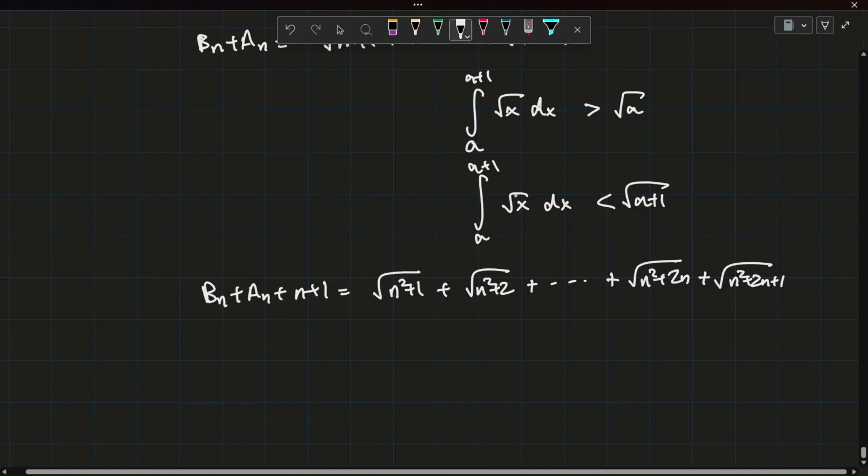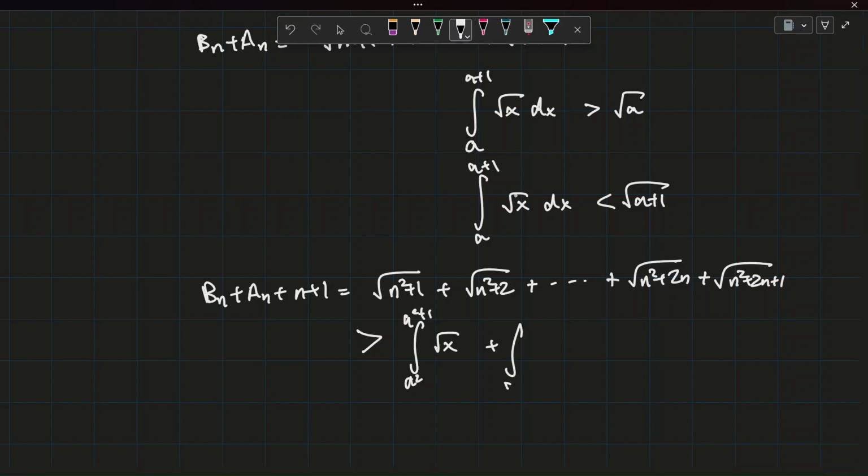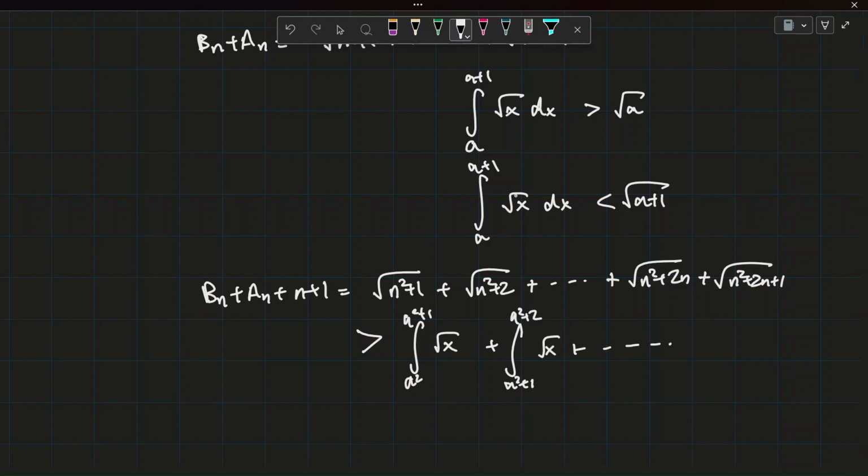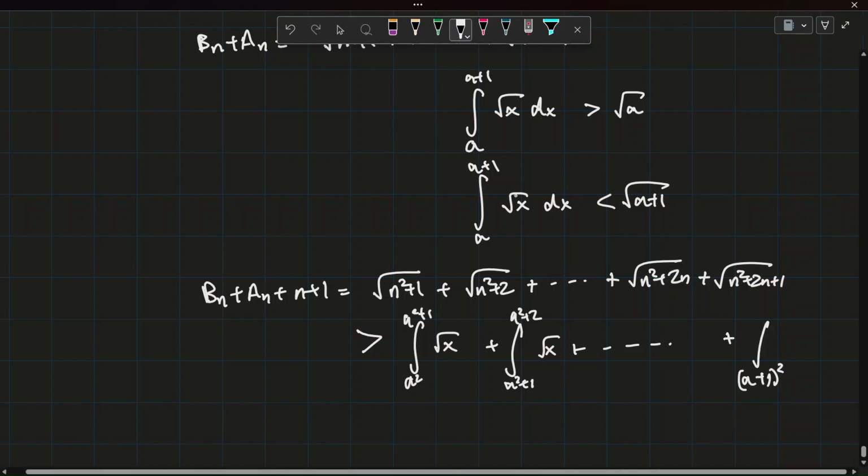And you can write that this is greater than the integral of the square root of x from n squared to n squared plus 1, plus the integral of the square root of x from n squared plus 1 to n squared plus 2, and so on till you go to the integral from (n plus 1) squared minus 1 to (n plus 1) squared of the square root of x dx.